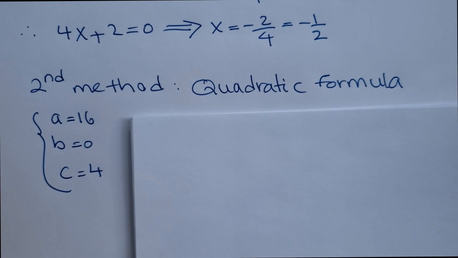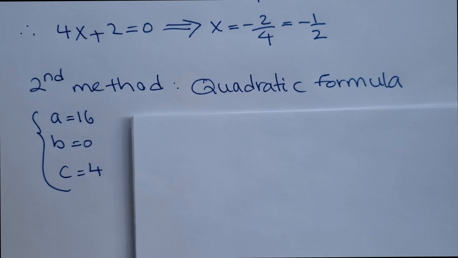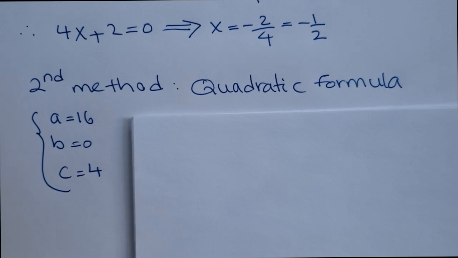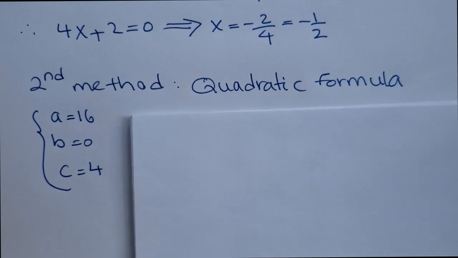First, you have to identify a, b, c if you want to use the quadratic formula. a is always the coefficient of x to the power 2, which is 16. There is no x, so the coefficient is 0, and the constant is 4.